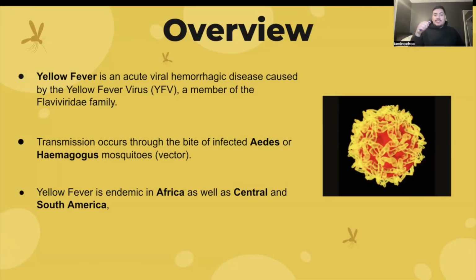A little bit of the transmission of yellow fever. The virus spreads primarily through the bite of infected mosquitoes. Two main species of mosquitoes serve as vectors for yellow fever: Aedes aegypti mosquitoes, which are commonly found in urban areas, and Haemagogus mosquitoes, which are more prevalent in jungle and forested regions.